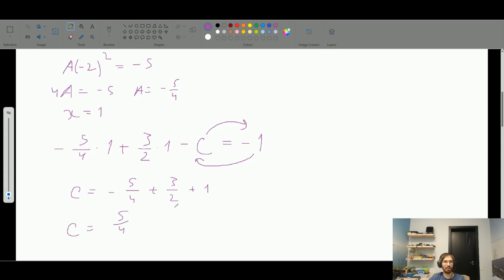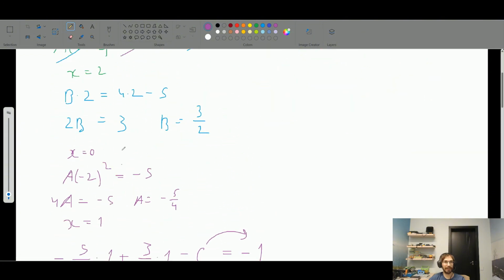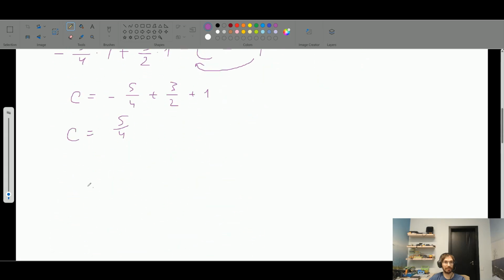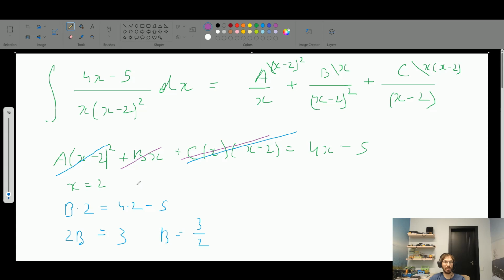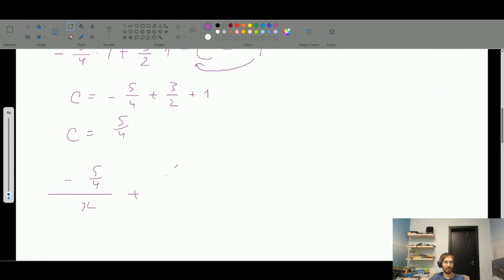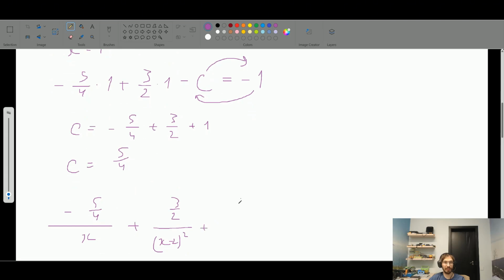Nice. Therefore we can rewrite this whole fraction into 3 simpler fractions, where a is minus 5 over 4, so minus 5 over 4 over x, then b, which is 3 over 2, so plus 3 over 2 times (x minus 2) squared, and then plus c, so plus 5 over 4 over x minus 2.